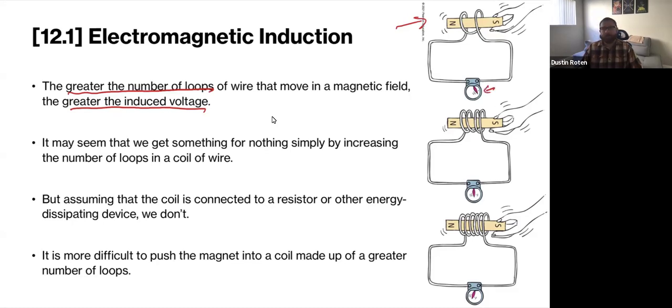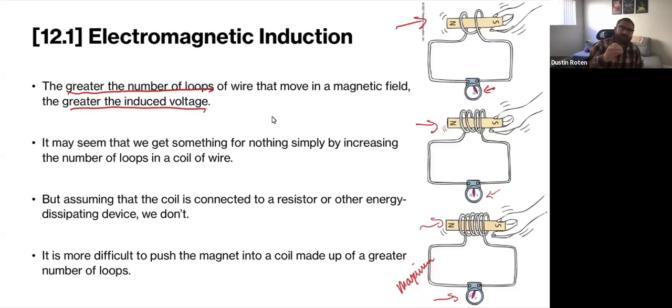You get just a little bit of a change. If you increase the number of loops, you'll notice that the needle goes over a little bit more. And then if you add even more loops still and put the magnet in again and move it around, that's when you reach the maximum. Obviously, you can just keep making more and more loops if you want to.